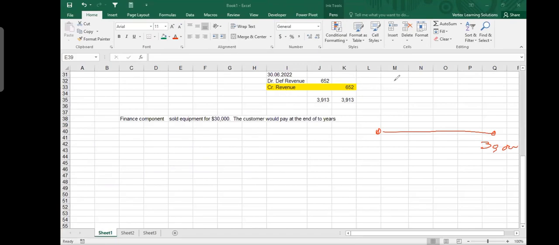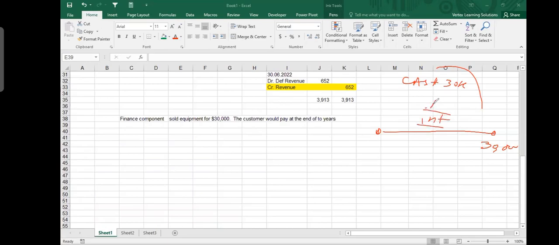Generally we know that between cash price and credit price there is always a difference. You cannot say that if my cash price is 30k, you pay me money after 2 years and still you pay 30k. So generally when you are given a credit facility, there is some interest cost, some finance cost inside of that.